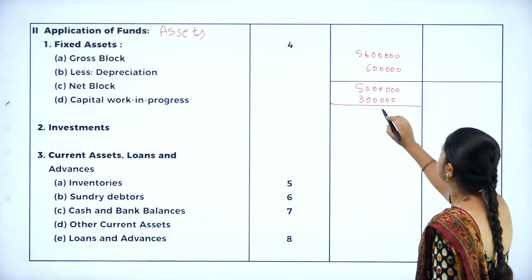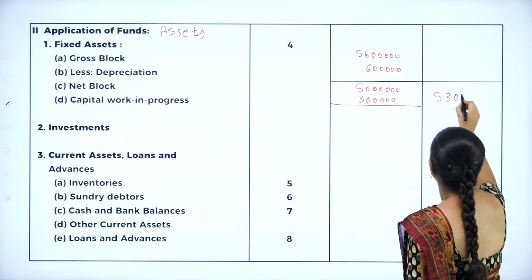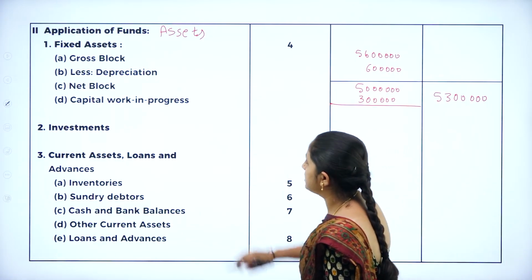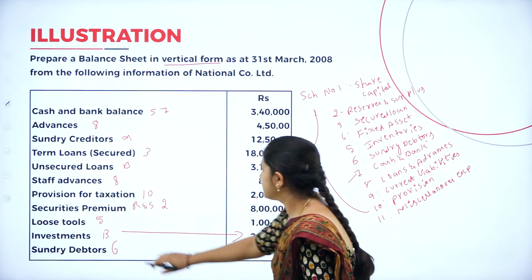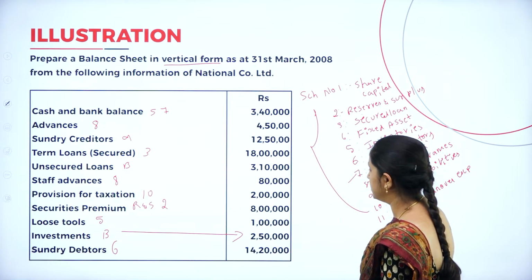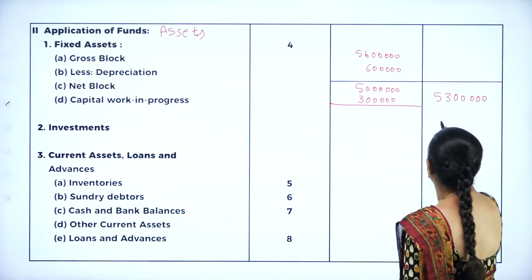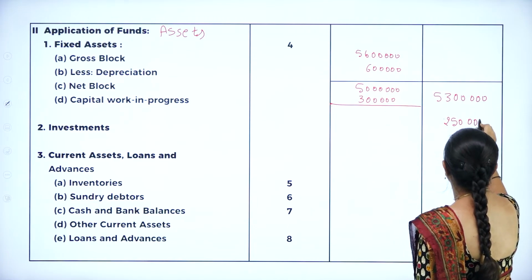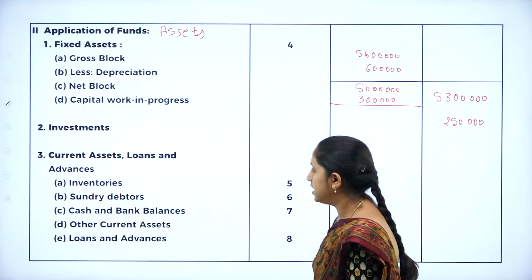Write it in outer column, 53 lakh. Next, investment. Investment is 2,50,000. So write directly outer column, 2,50,000. Next, current assets, loans and advances.